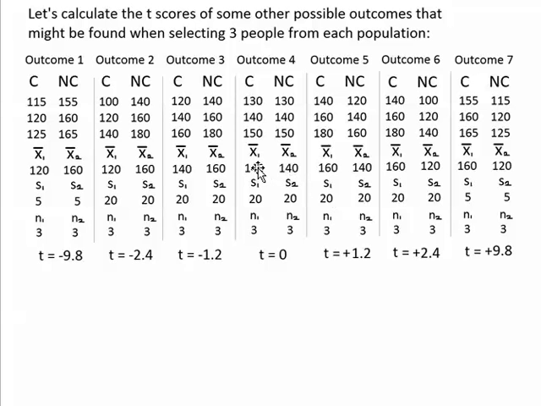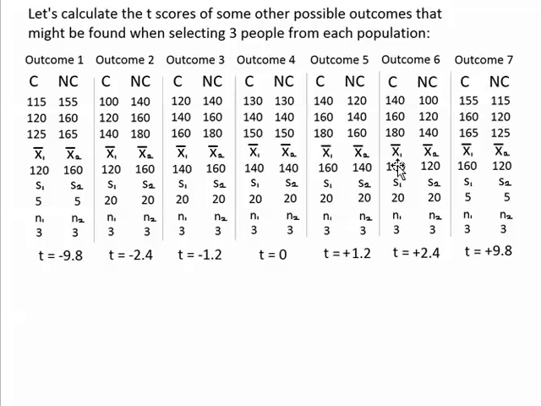What I want you to see here is that if the two sample means come out to the same number, if they're equal, t is 0. If the mean of sample 1 is lower than the mean of sample 2, the t-score is negative.